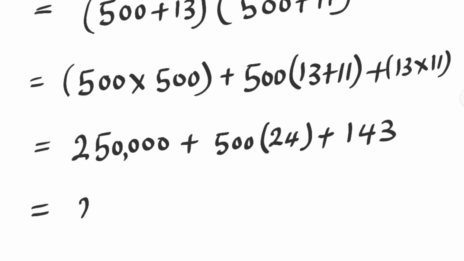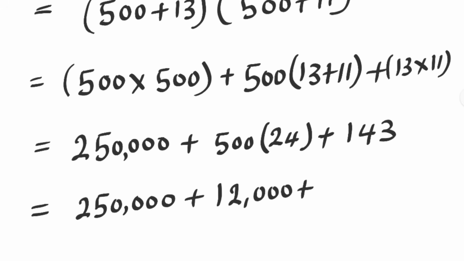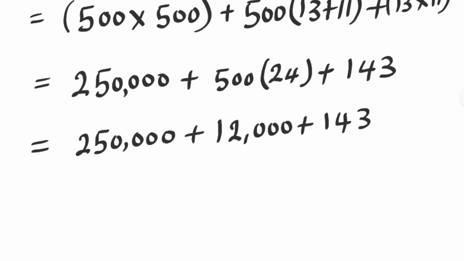This is equal to 250,000 plus 500 multiplied by 24, that is 12,000, plus 143. Now let us add this together to get our final answer.